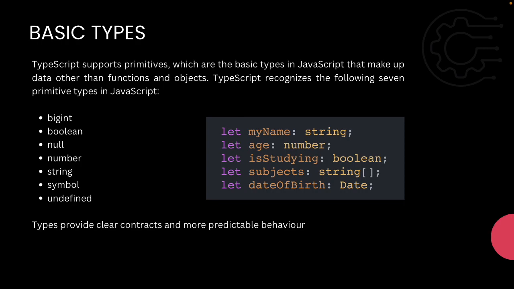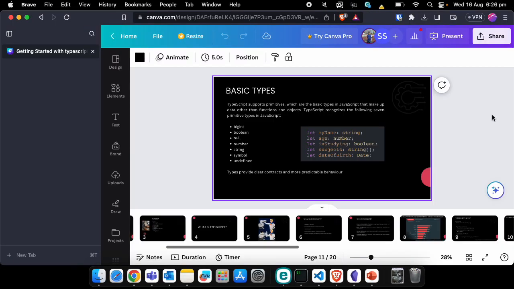Besides the primitives, you can also have types like array. You would write an array simply as string followed by empty brackets. There's another way of first writing Array, and we can look more into it later, then angle brackets, and saying whether it is a string or a number. Another type is date.